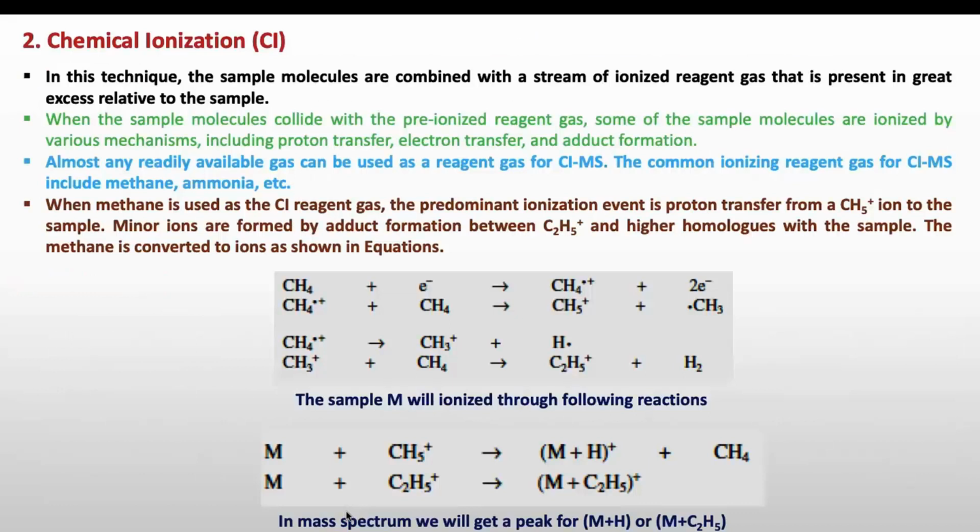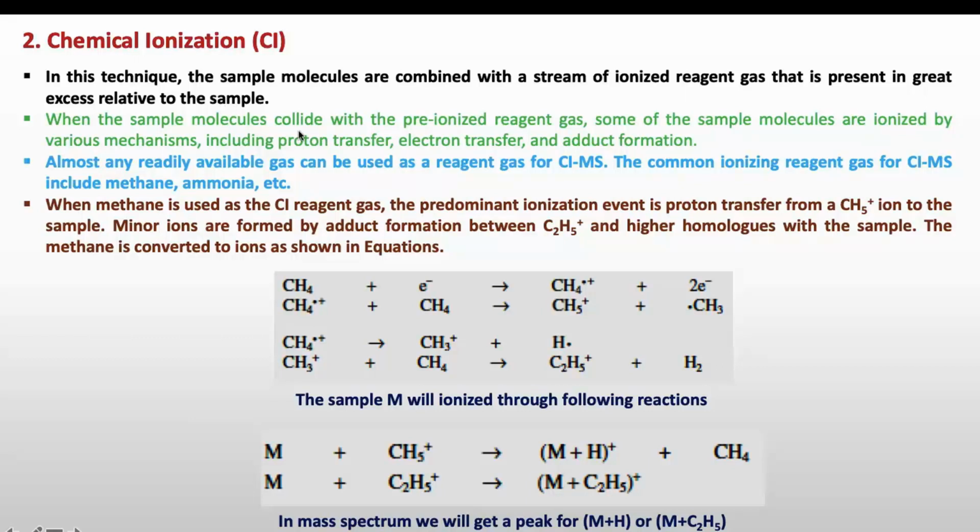Now this is the second method we use for the ionization of the sample, which is chemical ionization. In this technique, the sample molecules are combined with a stream of ionized reagent gas that is present in great excess relative to the sample.